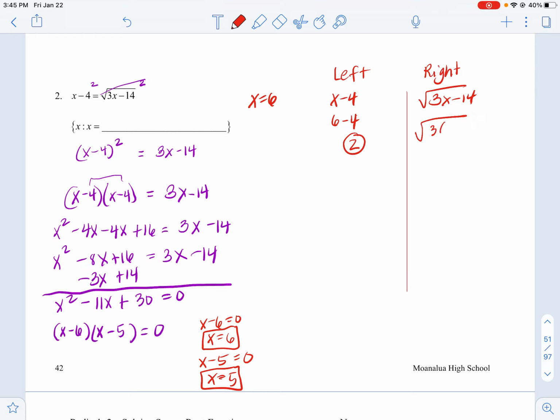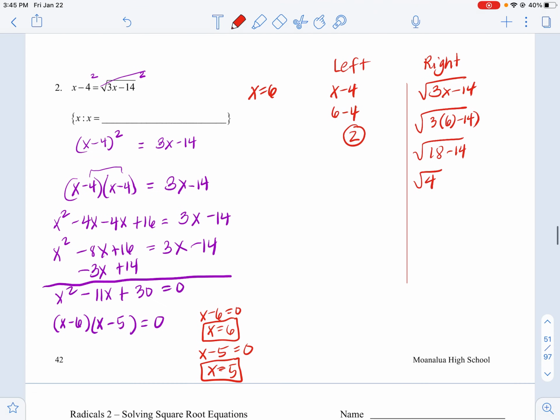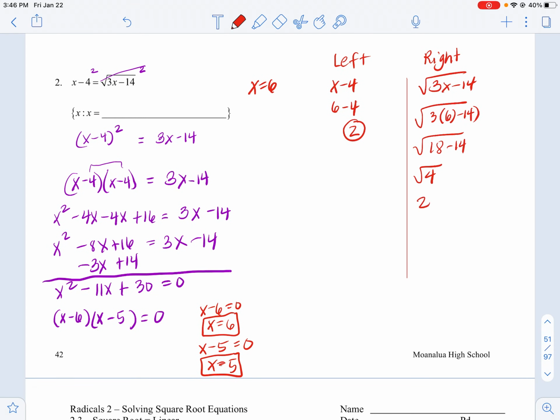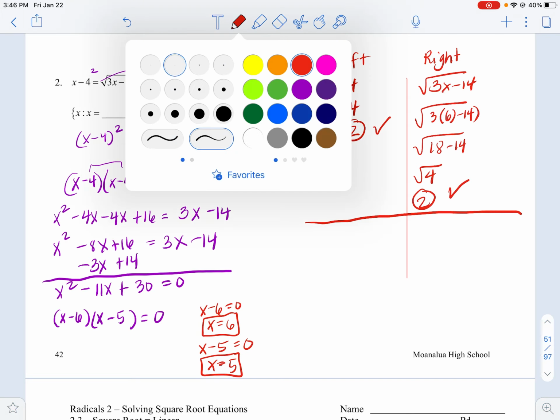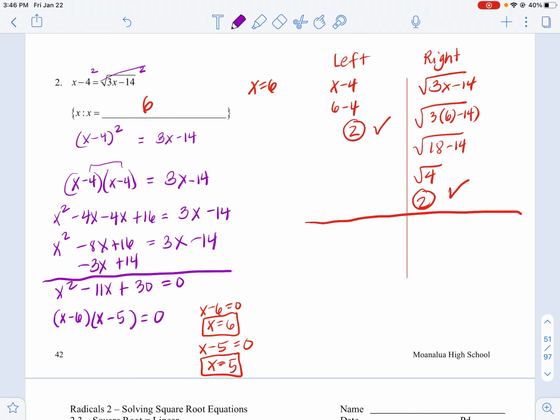And that's the square root of 3 times 6 minus 14, that's 18 minus 14, that's the square root of 4, right? And the square root of 4 is 2. So 2 on the left and 2 on the right. That means the 6 works. The 6 is one of our answers. I'm going to put a check mark in there.